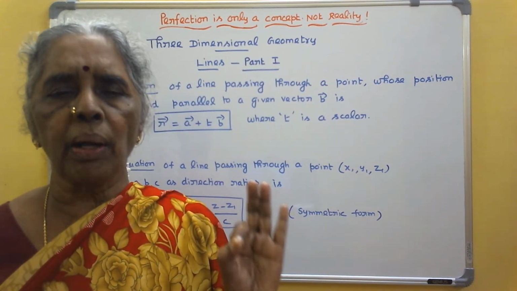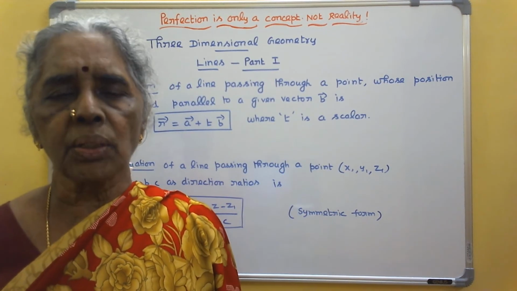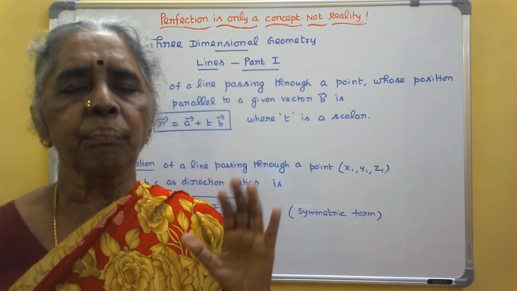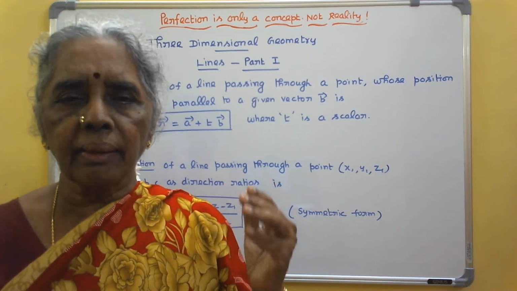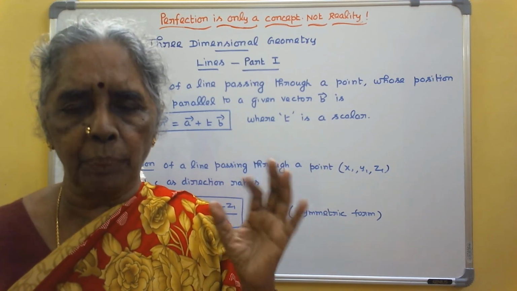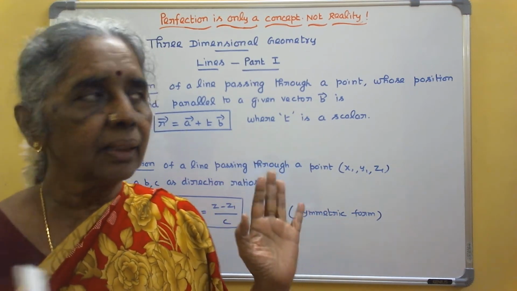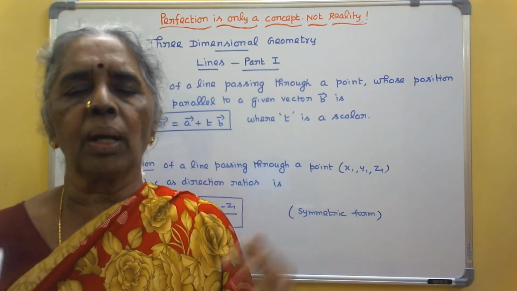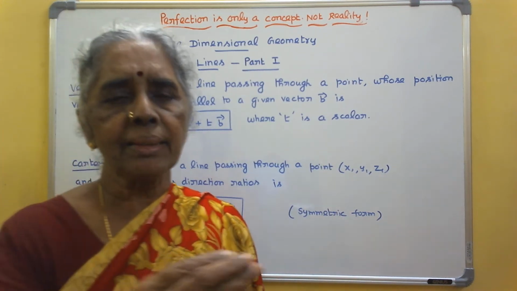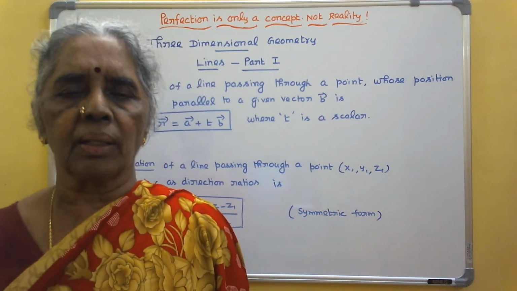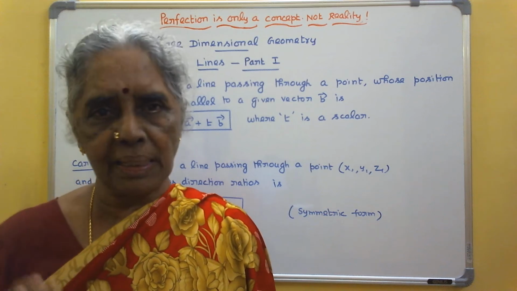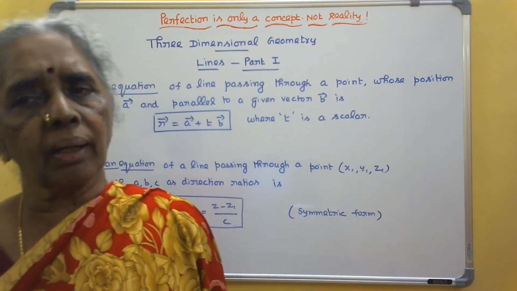So these two are basic formulas which you must be very thorough. Write it in your notebook, and you should get them by heart. Actually it should be registered fully in your mind. So once you know this, now let me give you an example also, and I will explain what is the a vector and what is the b vector, what is x1, y1, z1 and what is that a, b, c. Then it will be more clear to you.